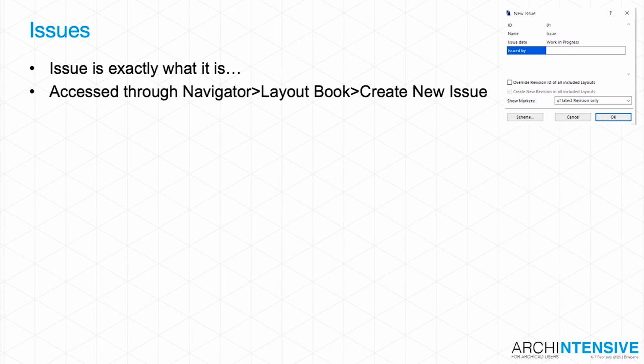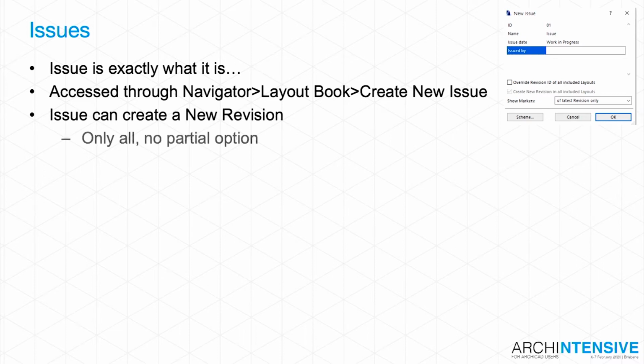You access the issues via the navigator to the layout book and then right-clicking to create a new issue. Issues can drive new revisions. So you can see up here the second one that's grayed out, create new revision in all included layouts. You can do that.